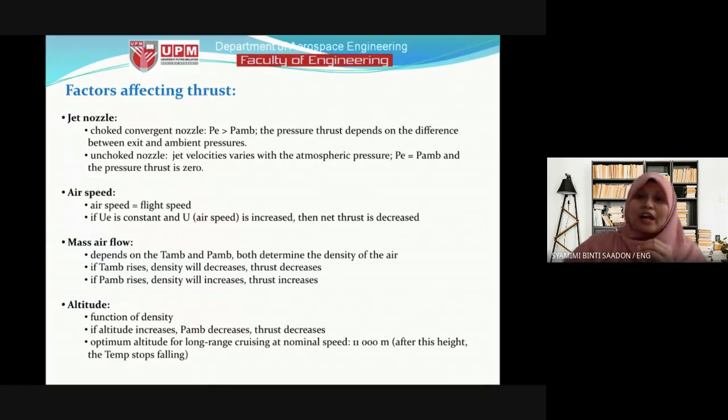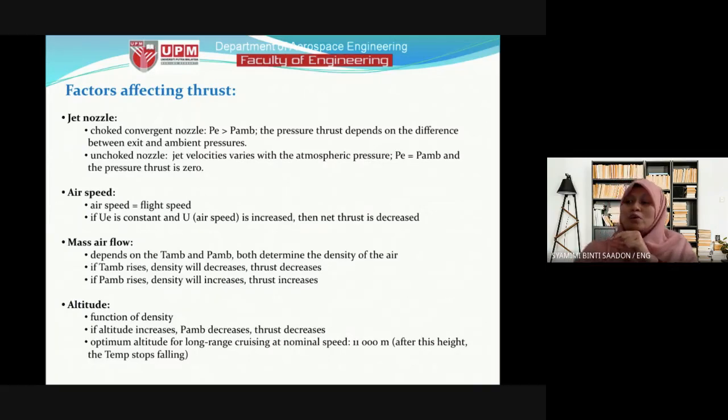If we continue with a convergent nozzle, the speed will not increase anymore. So that's why we add the divergent nozzle, which gives the convergent-divergent nozzle. Because if we just use the convergent nozzle and keep decreasing the area, the mass flow rate and the velocity will not increase anymore.